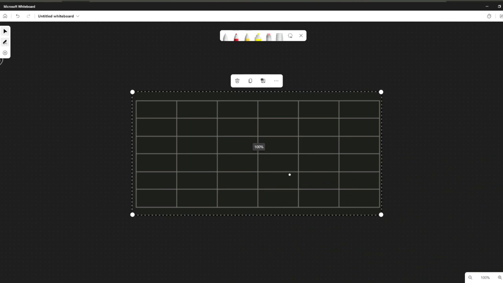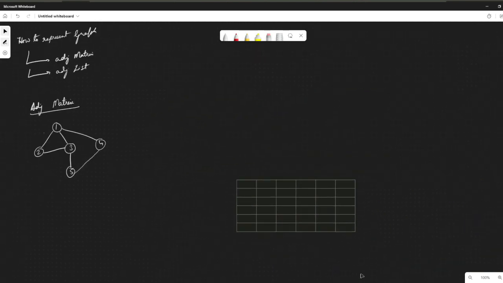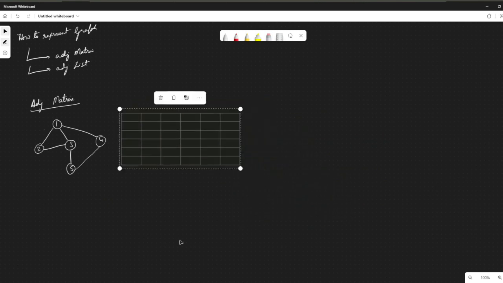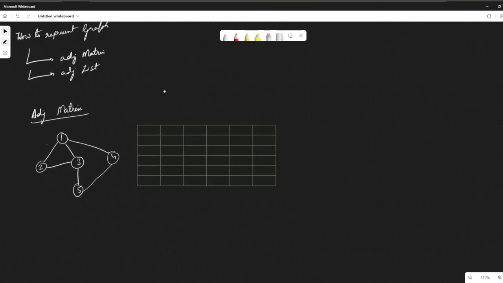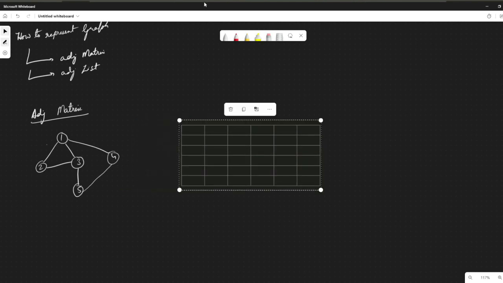So first of all, we make a table, a simple matrix. In adjacency matrix, first of all, we declare it globally and index.